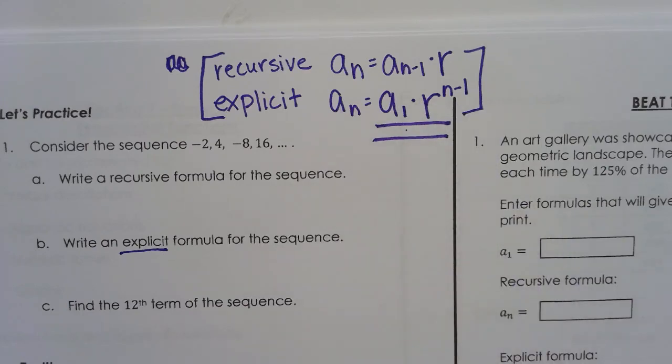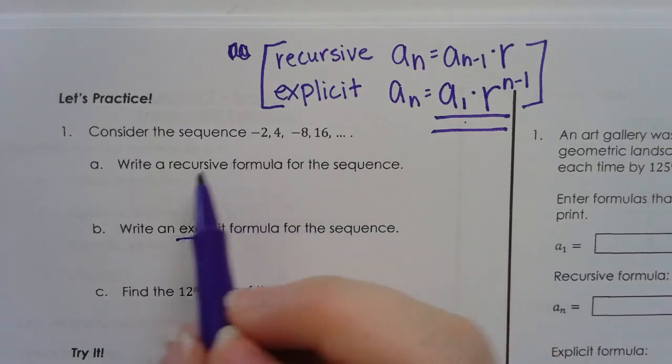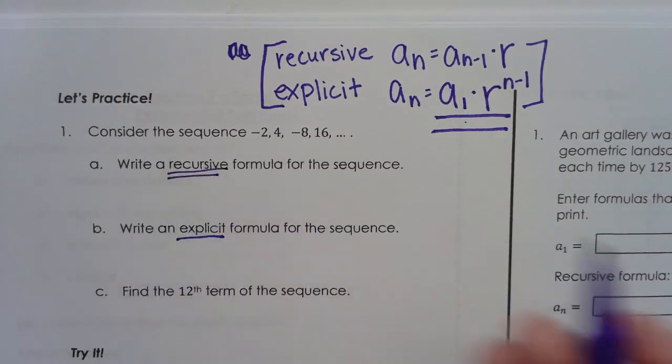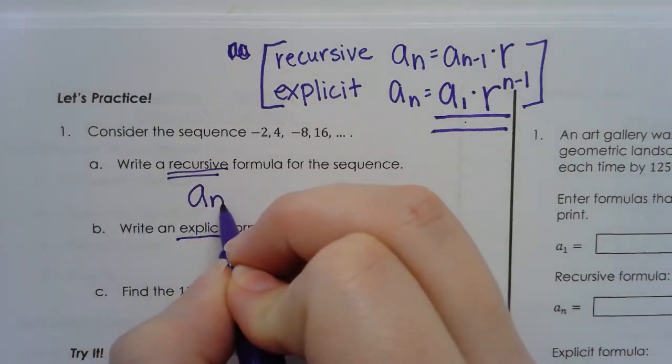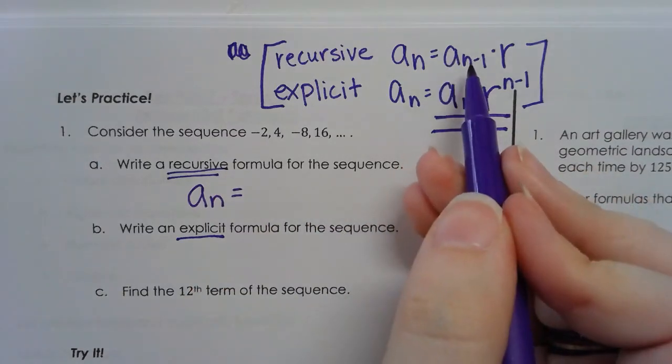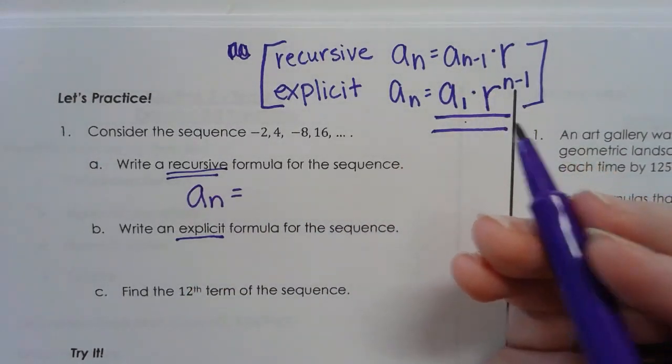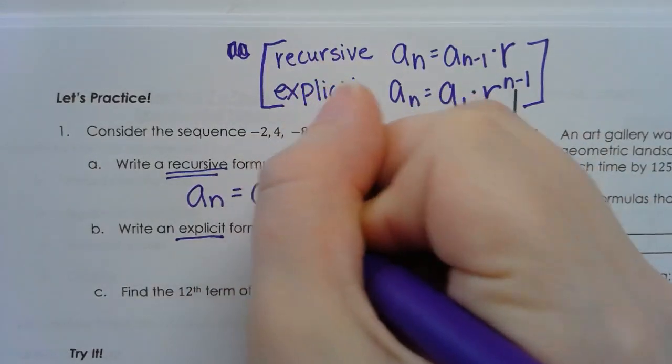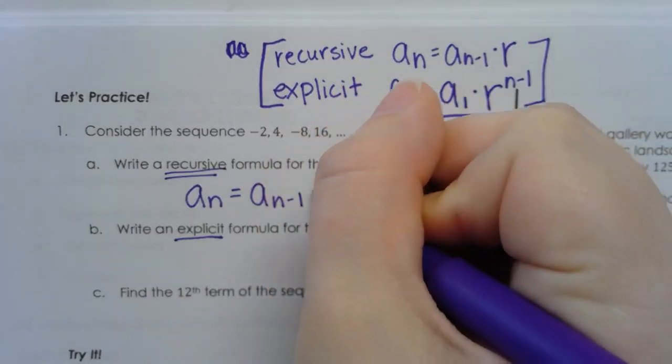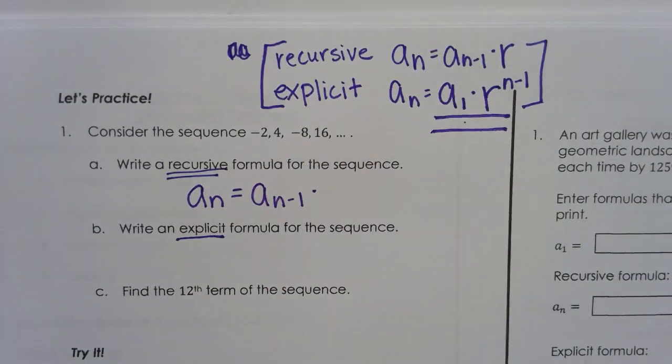That's the explicit formula for the geometric sequence. So let's talk recursive first, since that's what it's asking for. A sub n equals a sub n minus 1. We don't know what term it's looking for, so we still put a sub n minus 1, because we're not sure what the term before it would be, times that common ratio.